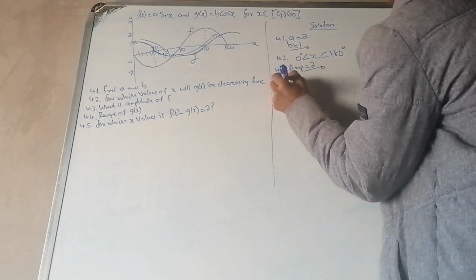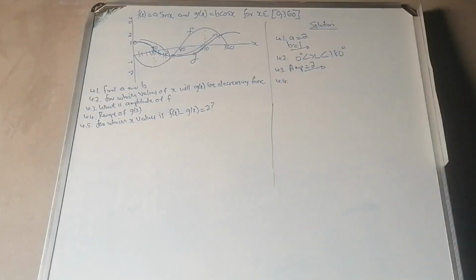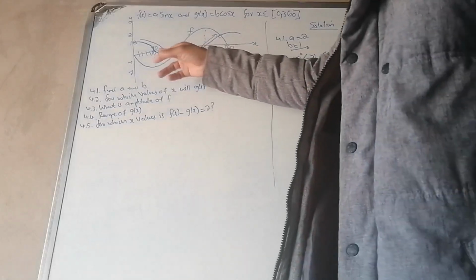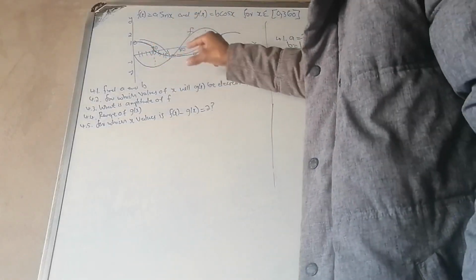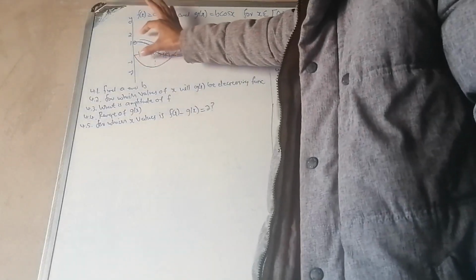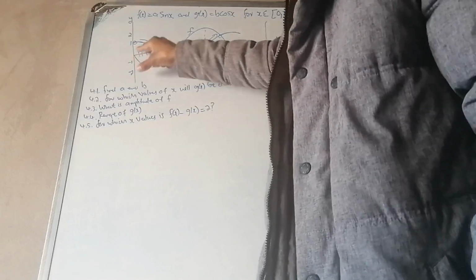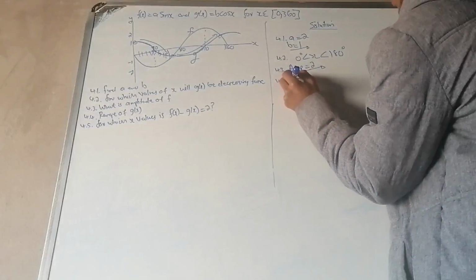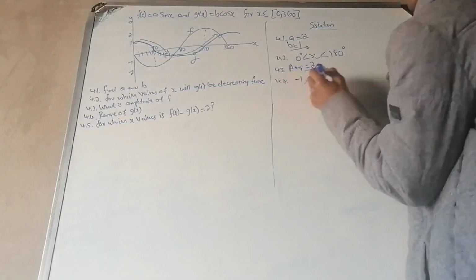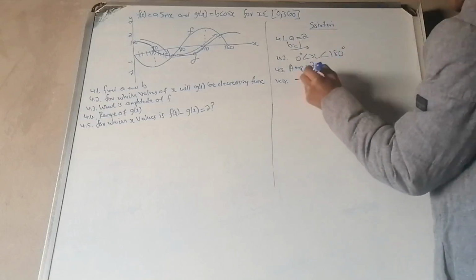And then we can go to 4.4, the range of g at x. Now, g at x, range is the values of y. Again, g at x goes from -1 to 1. Remember, we are stating from negative to positive.